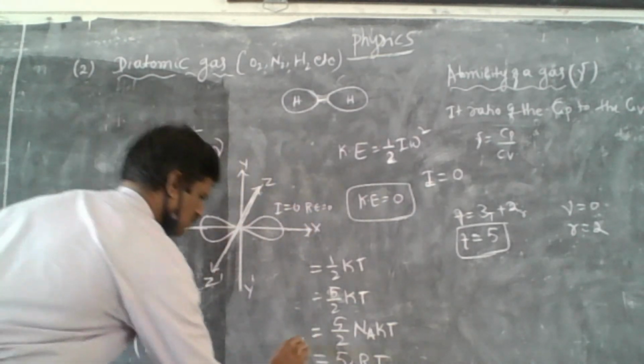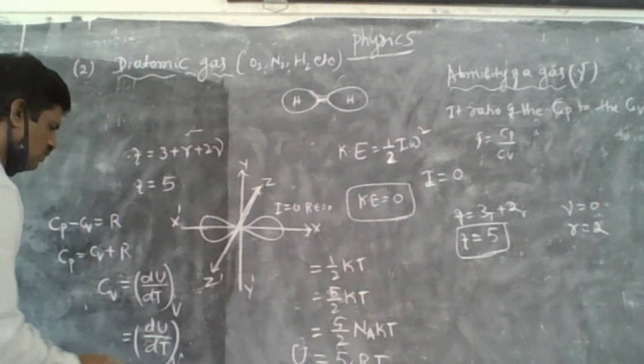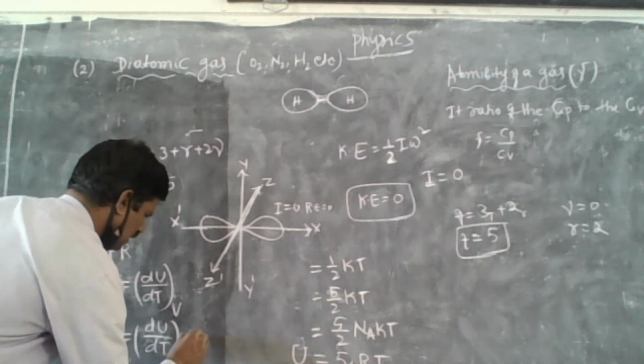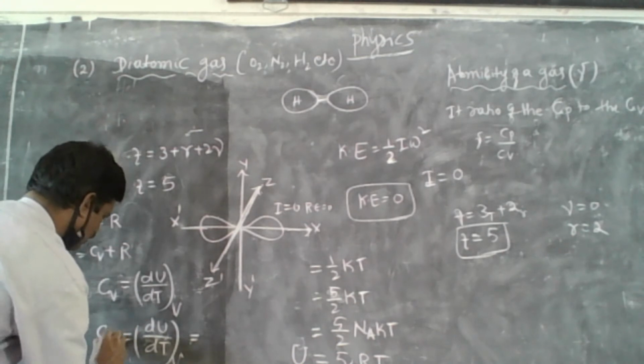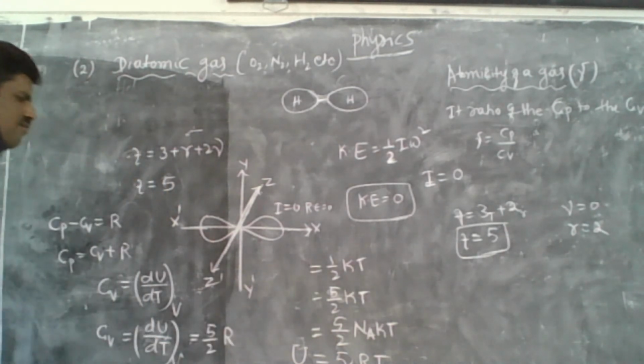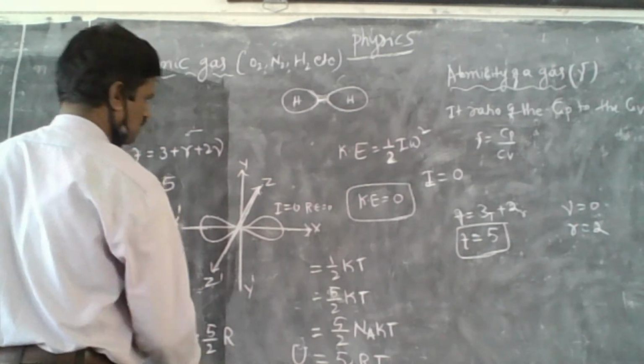This is also the internal energy. When we differentiate with respect to temperature, Cv equals 5 by 2 R.